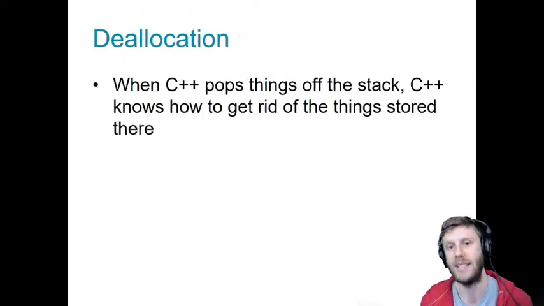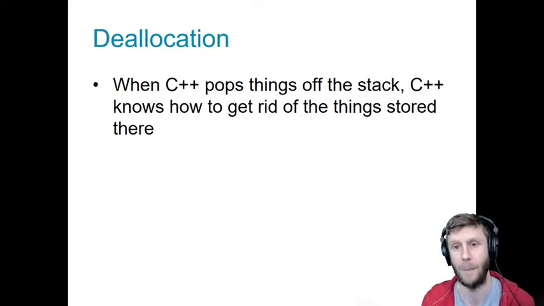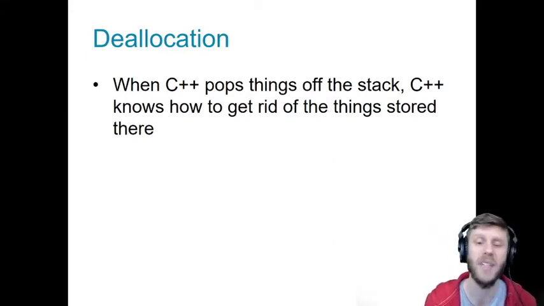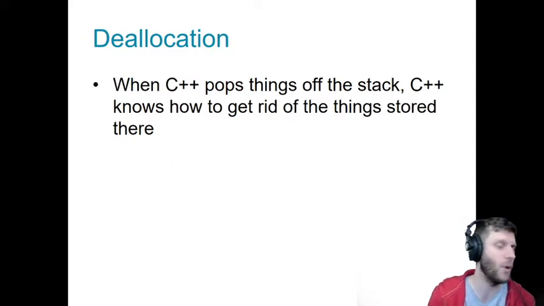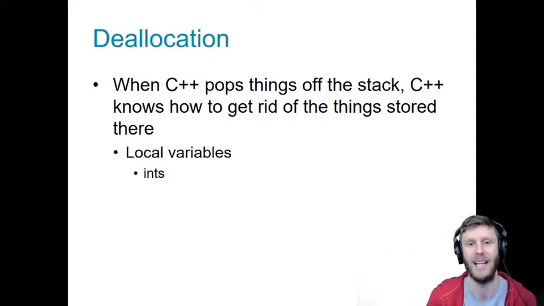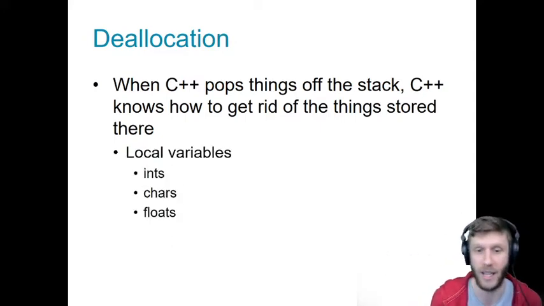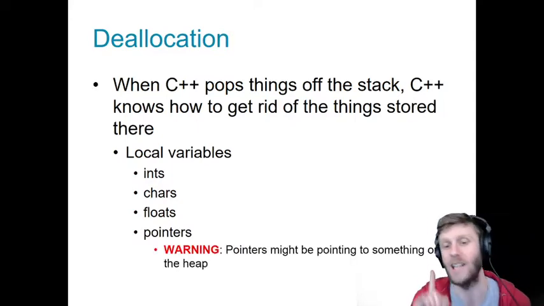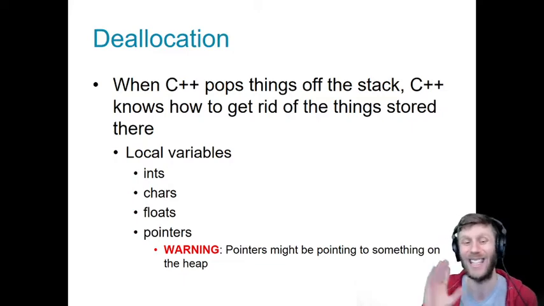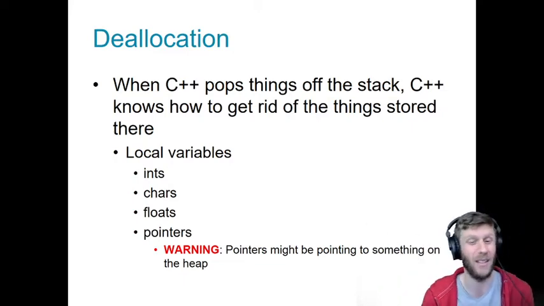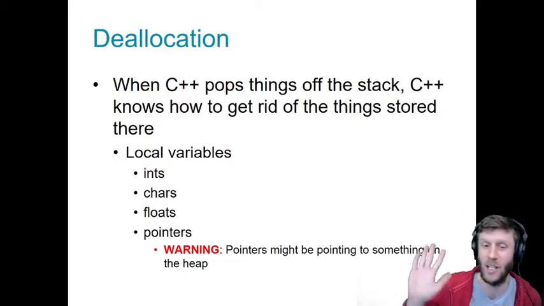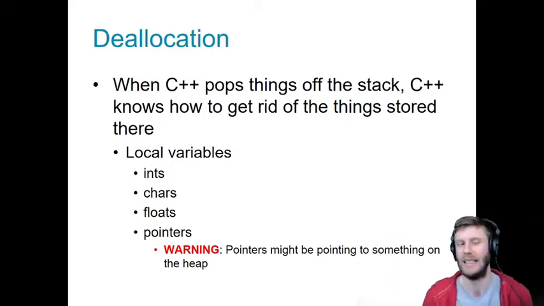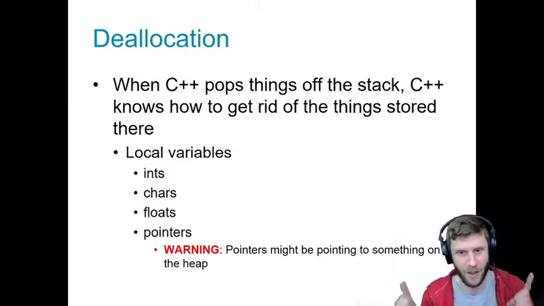Now, when C++ pops things off the stack, it knows how to deallocate things in memory, like the local variables: the integers, the characters, the floats, the pointers. But it does not know how to deallocate the things that the pointers point to, because if that was something you allocated in dynamic memory, we have to be careful and make sure it's safe.